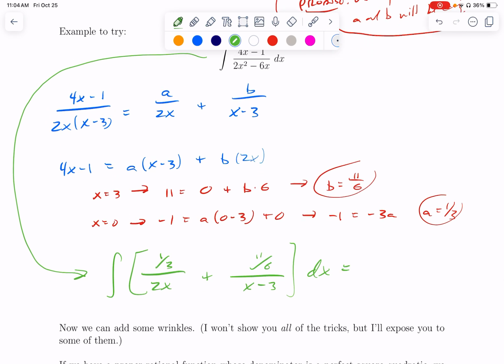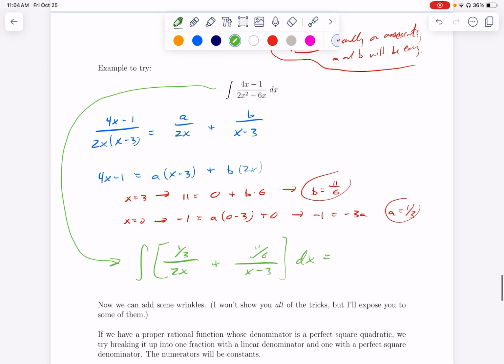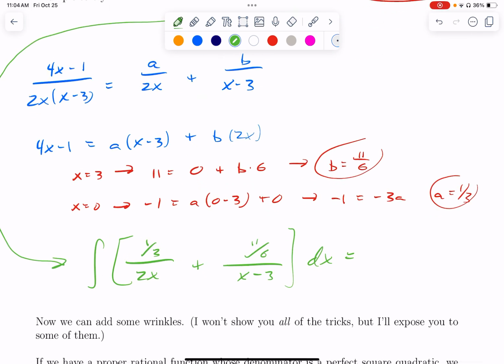You could write this one in a few different ways. I'm actually just going to pull out that 2 and imagine it's not in the denominator. You're going to get equivalent answers no matter how you do it. I'm going to imagine this was actually just 1/6 over x. So I'd have 1/6 natural log of the absolute value of x plus 11/6 natural log of x minus 3 plus c.